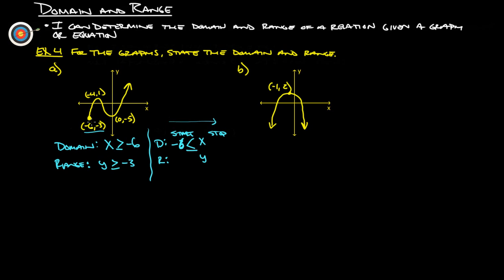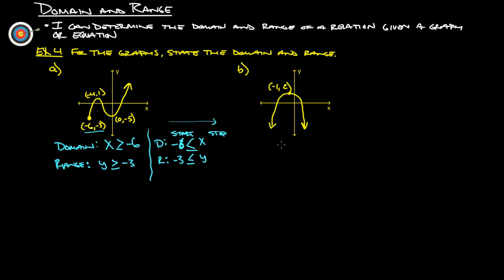So this starts over here at -3, and then it goes up forever and ever. Really this is the lowest point here, -3, and it doesn't have an end point, so we do the same thing, less than or equal to. So -3 is less than or equal to y, which is the same thing as y is greater than or equal to -3. That's the start-stop idea.